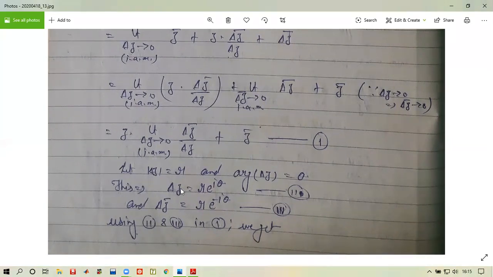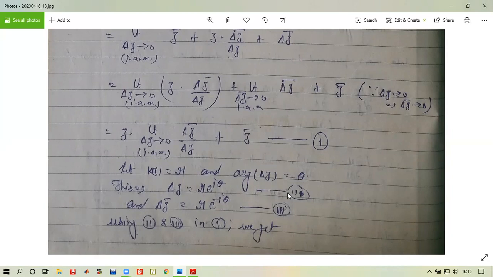Then delta z equals r e to the power i theta, because r e to the power i theta can be written as r cos theta plus i r sin theta. And we already know that x equals r cos theta and y equals r sin theta can be written in polar form from Cartesian form. Now delta z equals r e to the power i theta, then delta z bar must equal r e to the power minus i theta.